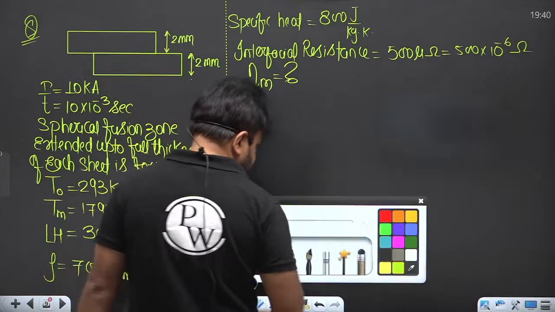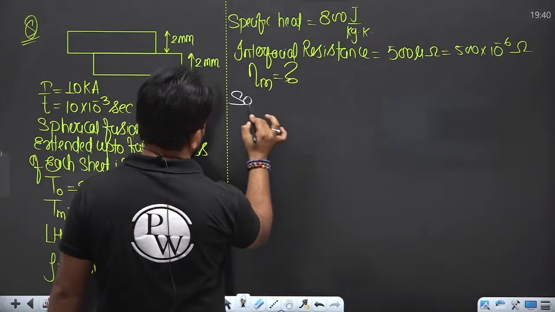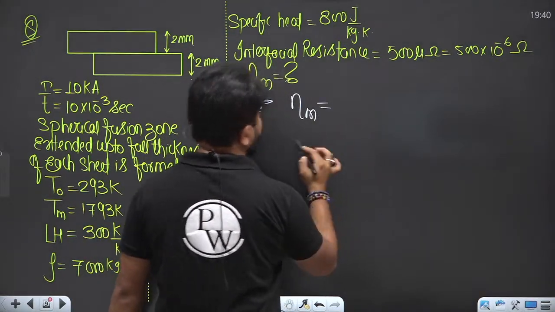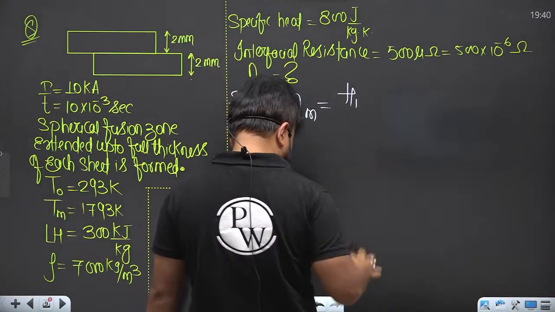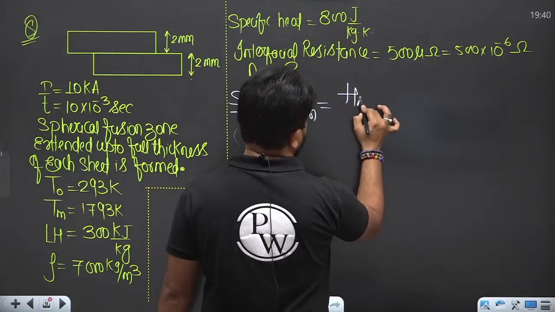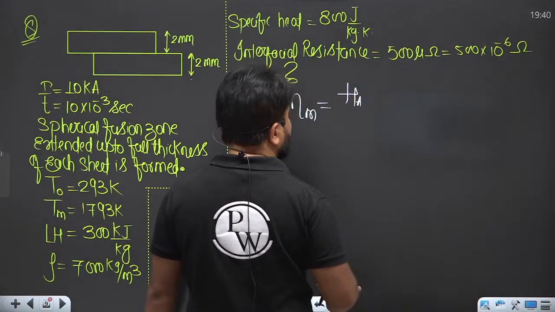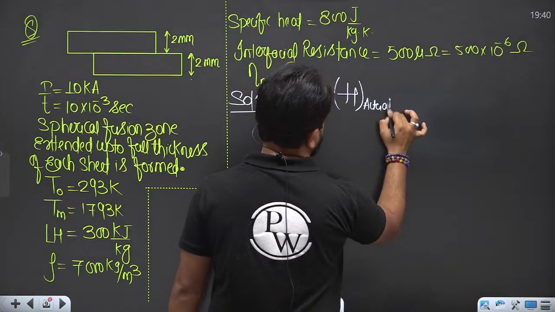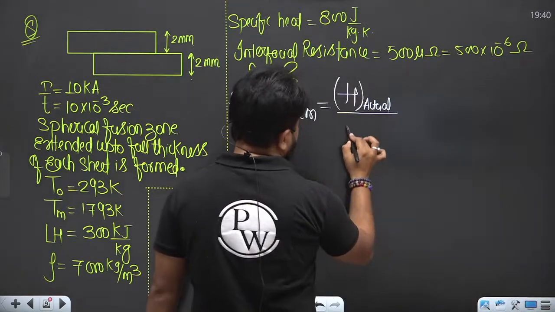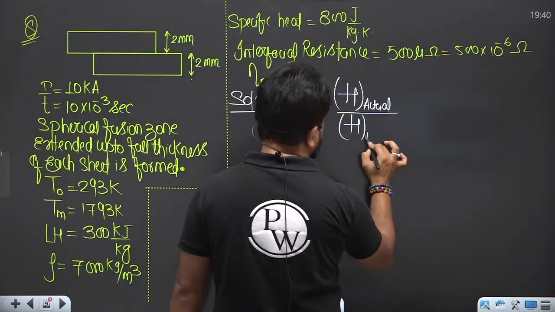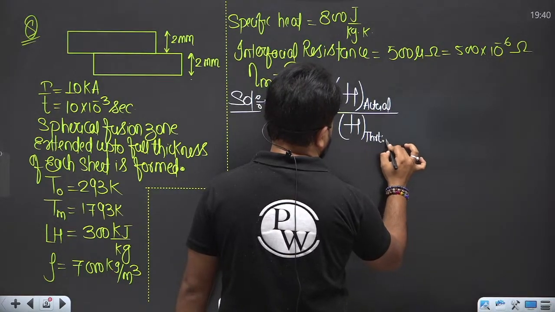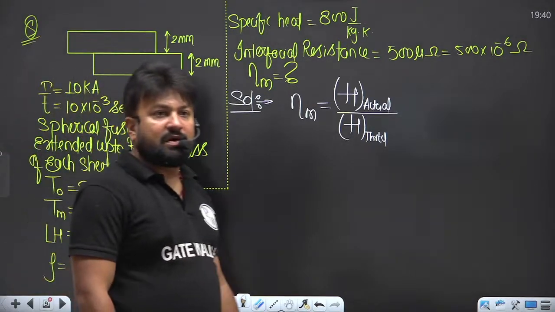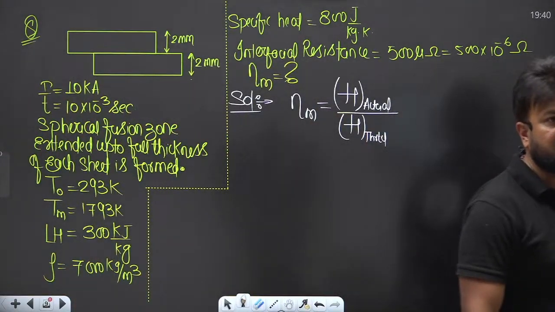The approach is, what is the approach? My dear, we know that melting efficiency is the heat which is required actually, divided by the heat which is required theoretically. Now we have to work on this data, right?